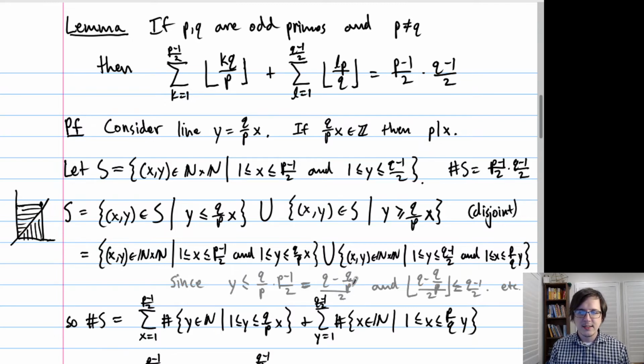And since q is odd, we're subtracting some number from it and dividing by 2, so if we took the floor of this, it's going to be less than or equal to (q minus 1) over 2.